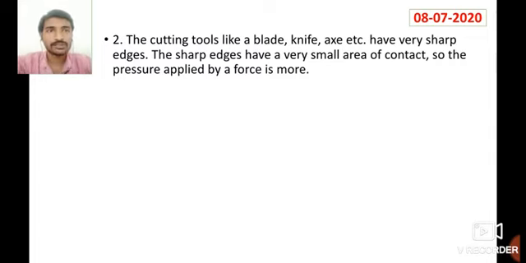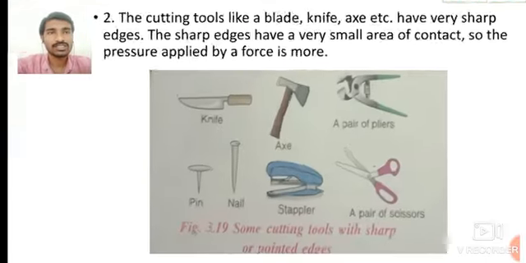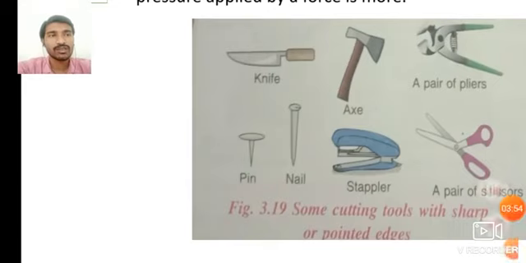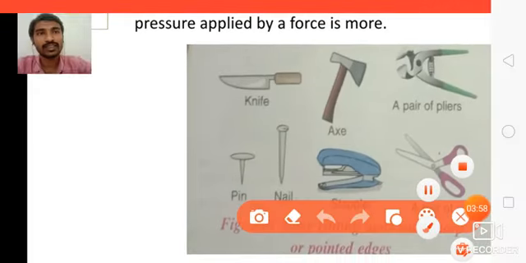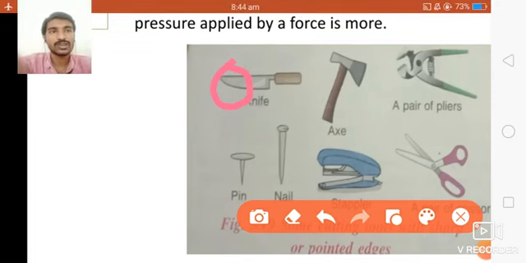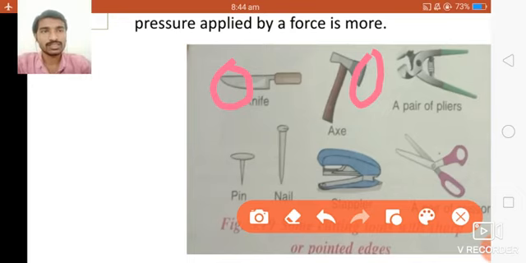So here, all these cutting tools have very sharp edges, and how will the area be? Whether it will be large or very less, the area will be very small here. You can see in this figure, the knife has a very sharp edge, and the axe has a sharp edge.